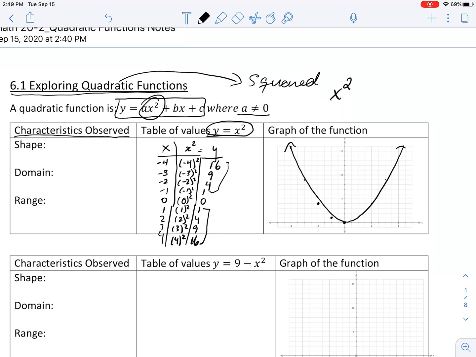Well, for the shape, we're going to call this an upward facing U, because it looks like a letter U that's facing upward like this, right? The domain. The domain means what are the values of x that I can put into this function. So if you think of, is there a number that I can't put in and square it?